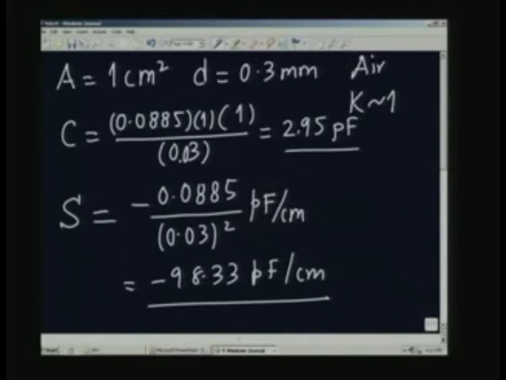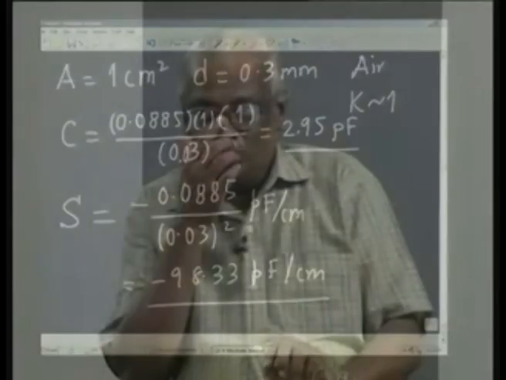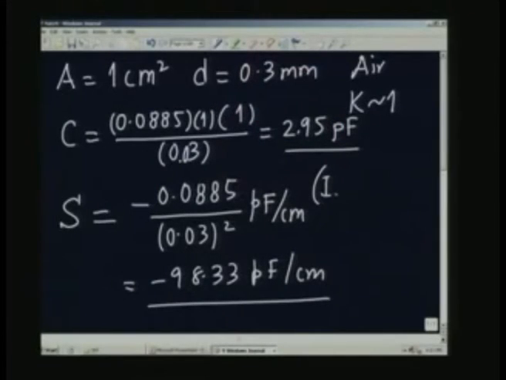So, the rate of change of C with respect to the distance, the derivative, if you remember what we used to talk about earlier, this is the influence coefficient. Or it says how big is the change in the capacitance for a change in the distance between the two electrodes.